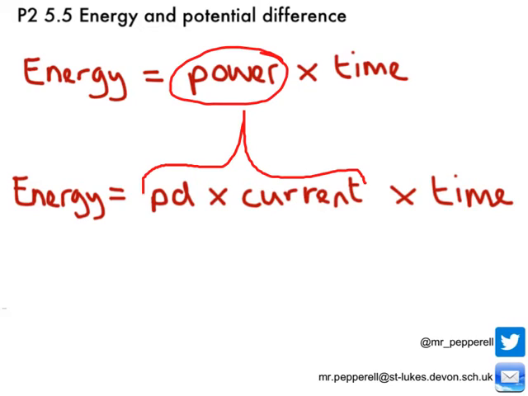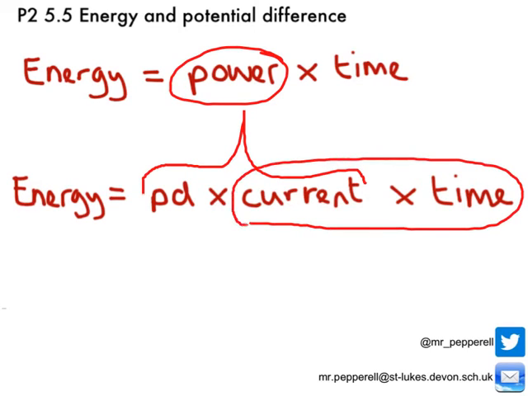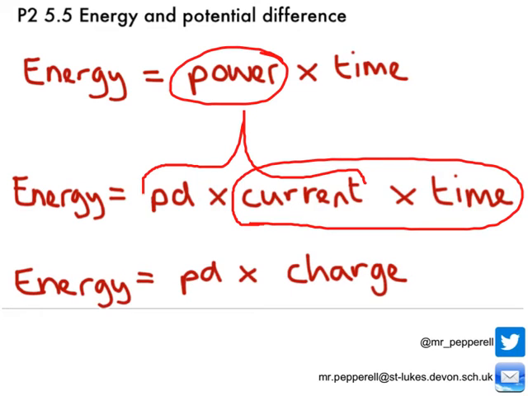Within this equation we've also got something else: current multiplied by time. That is something we've met before, because that is the way we calculate charge. So this gives me another way of rewriting my original equation. I can use current multiplied by time to give me the charge, and rewrite it as energy equals potential difference multiplied by charge.